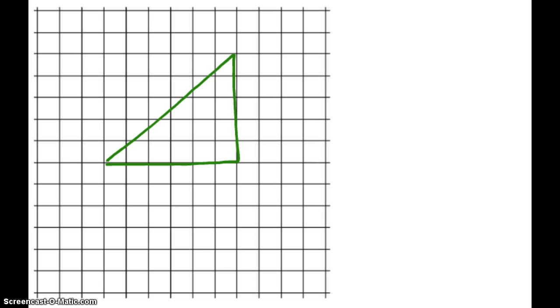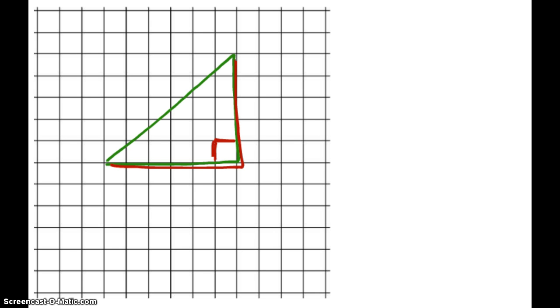Alright, so now I would like for you to try one. Copy this down into your notebook and label the base and the height and find the area. Pause the video and do that real quick. Alright, so remember, the first thing that you have to do is find your perpendicular lines, or find where that right angle is. Our right angle is here, so one of these is the base and one is the height.